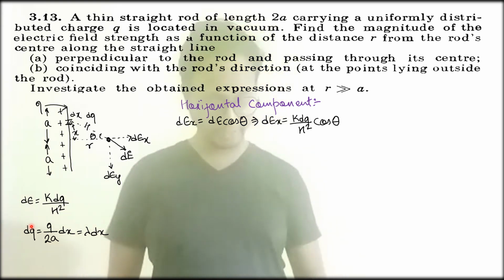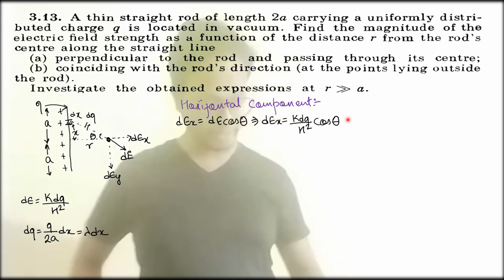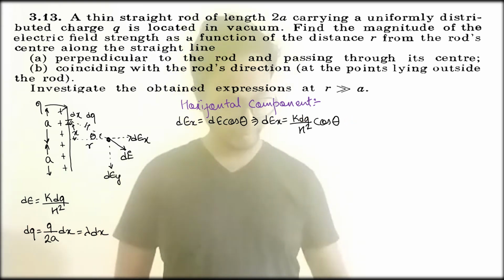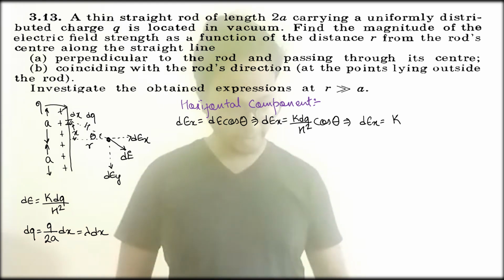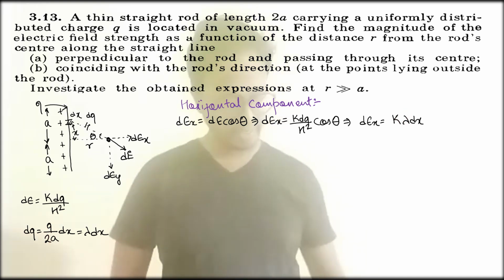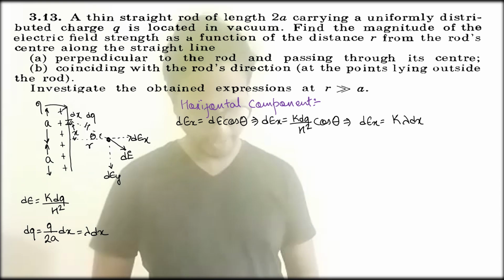So if I substitute this value of dq out here, what do I get? dEx is equal to k times dq, and the value of dq is lambda dx. I substitute the value of lambda as q by 2a at the end of the question, because lambda, or linear charge density, is equal to total charge divided by total length.